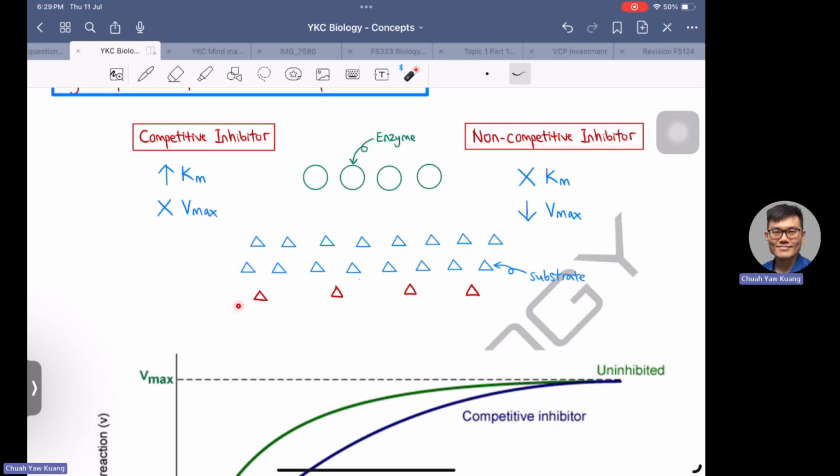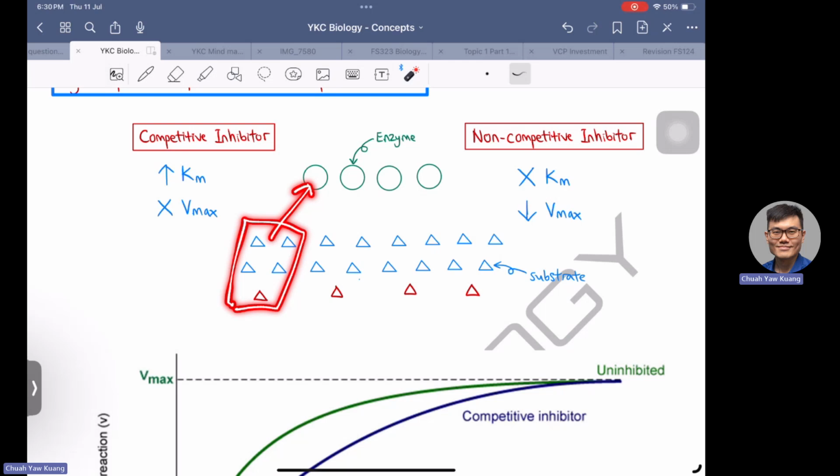But now, after we have added the competitive inhibitor, we have learned in theory that the competitive inhibitor will compete with the substrate for the active site of the enzyme. So let's say these five are going to compete to bind to the active site of this enzyme.